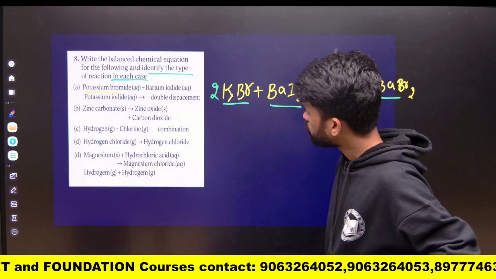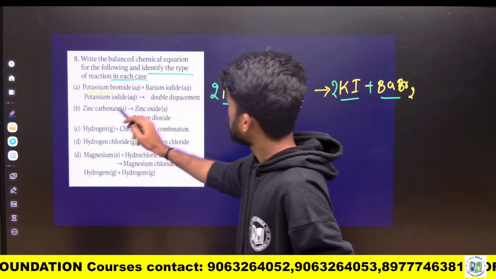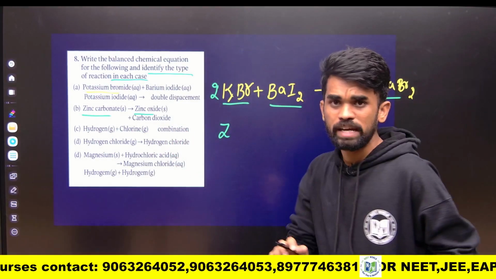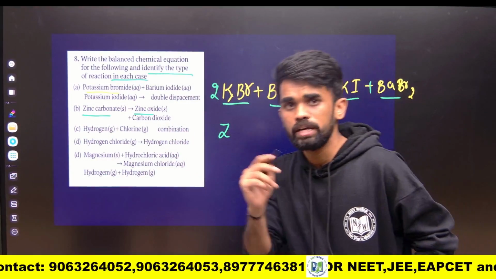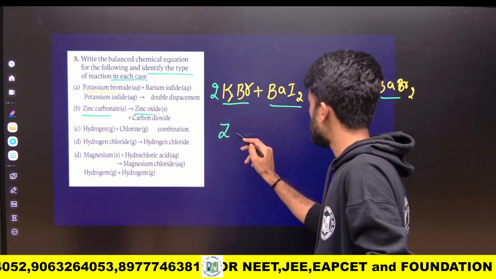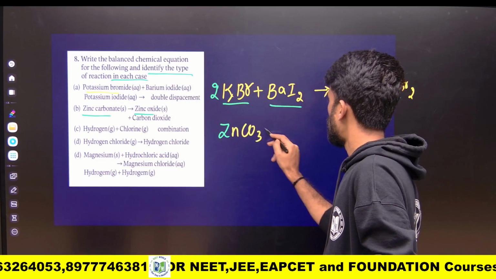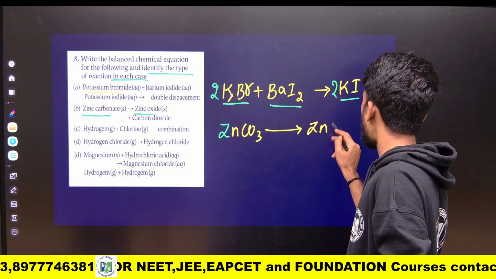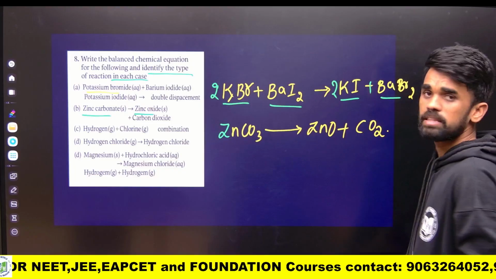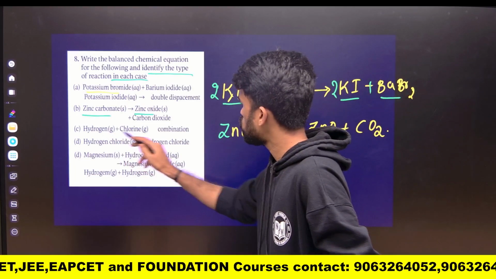Next one is zinc carbonate. Similarly to what I explained, calcium carbonate upon decomposition gives calcium oxide plus carbon dioxide. So here zinc carbonate upon decomposition gives zinc oxide plus CO2 gas, okay. Next, hydrogen chloride.